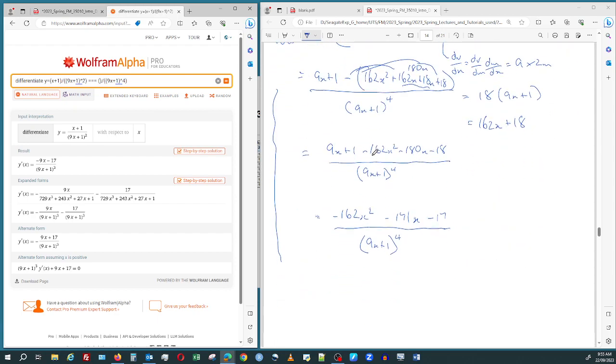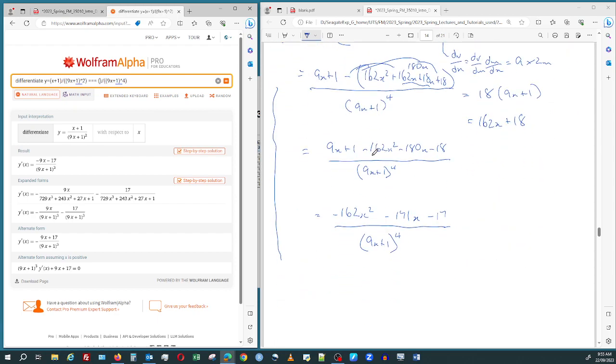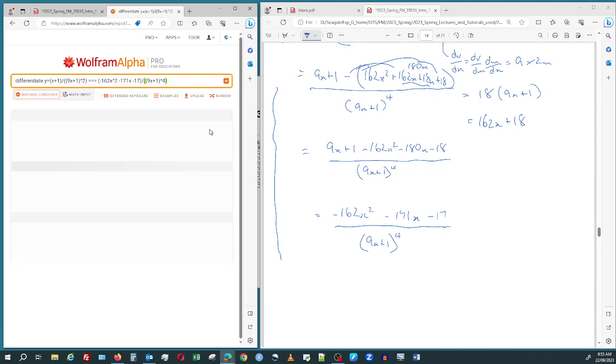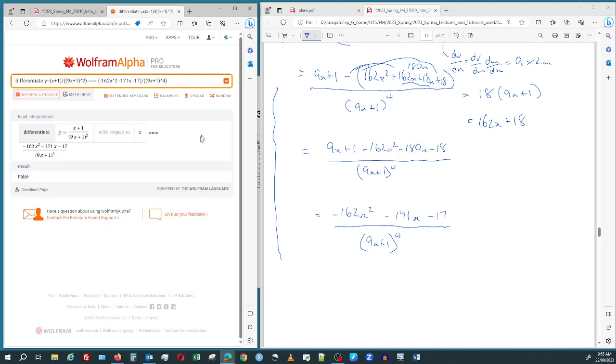Minus 162x squared, minus 171x, minus 17. So that's the top, that's the bottom. Let's see what it says about that. Might not like that. Minus 162x squared minus 17, 9x plus 1 to the power of 4.